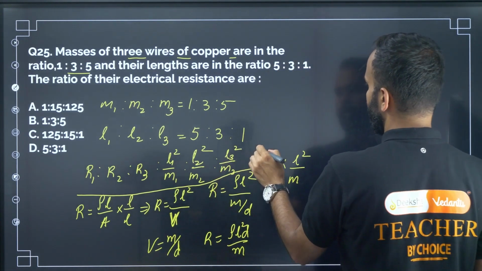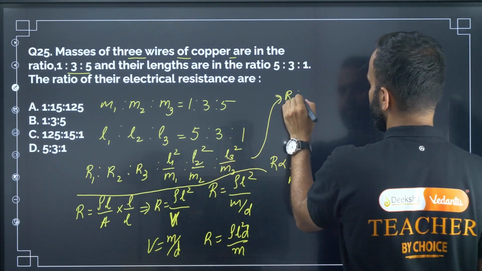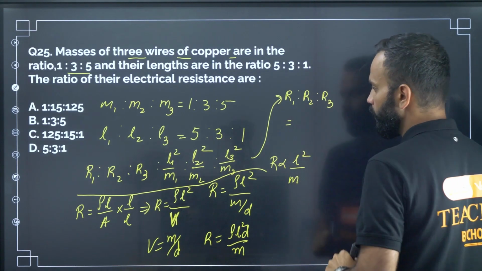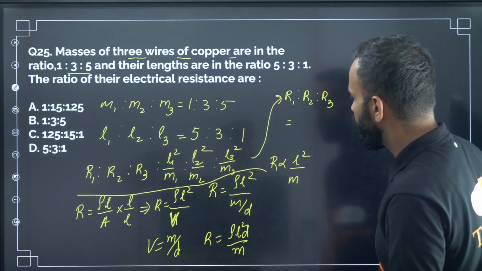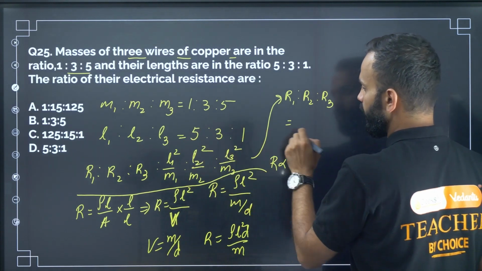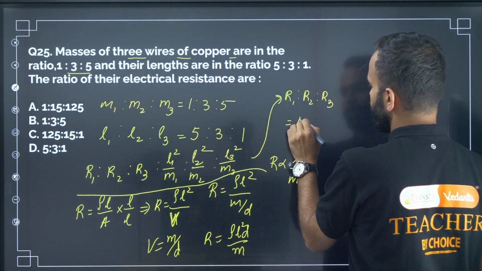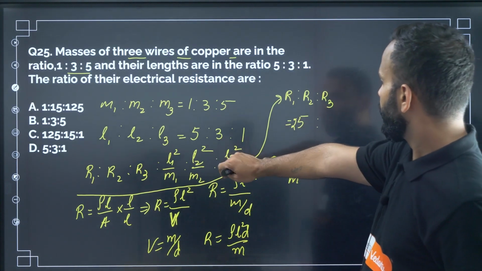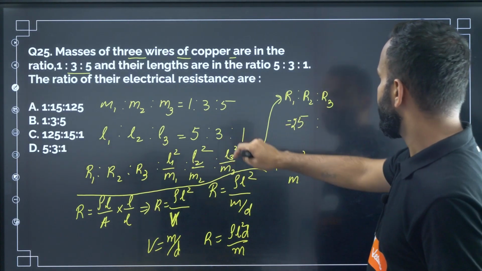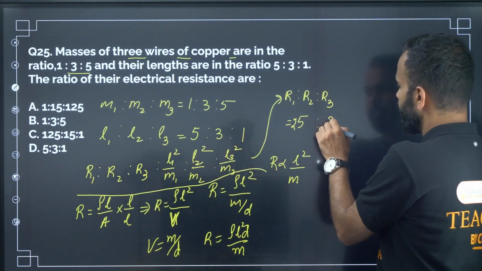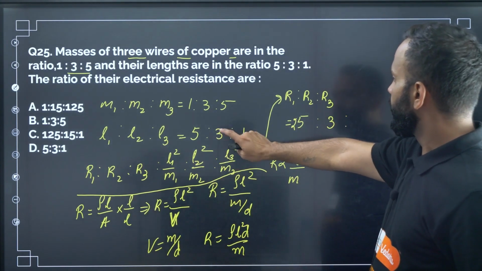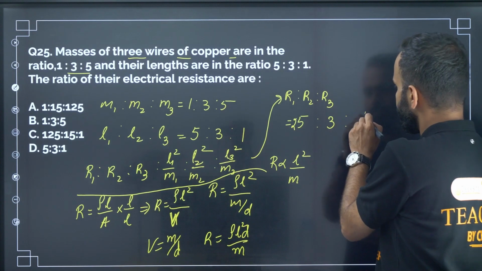That is 5 square divided by 1, which is 25, is to 9 by 3, which is 3, is to 1 by 5.